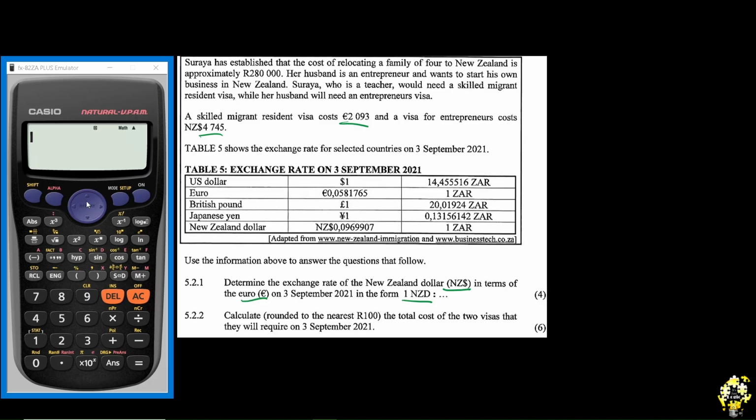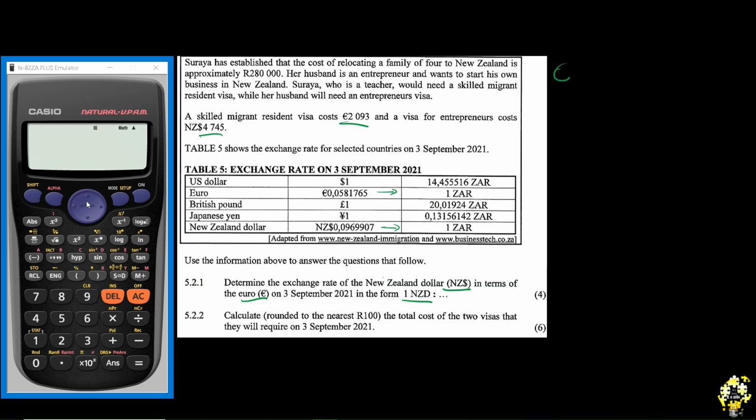First of all, we are going to take them at their common denominator. What's their common denominator? The euros can be exchanged for 1 South African rand. The New Zealand dollar can be exchanged for 1 South African rand. So we are going to use that to see exactly what the New Zealand dollar is against the euro. First thing that we are going to do, we are going to write both those exchange rates.